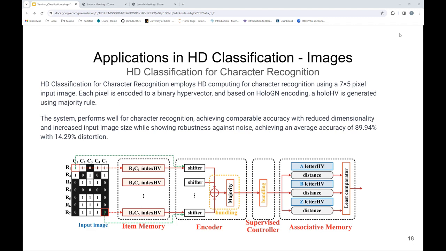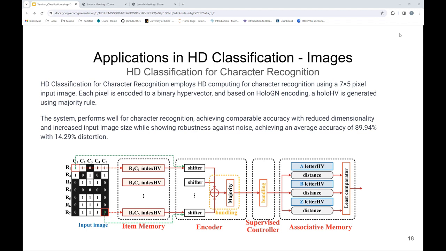Also, as we have seen, HD classification can be used for character recognition. In this approach, HD computing is used for characters that are represented in a 7 by 5 pixel input image, where each pixel is encoded to a binary hypervector, and based on a hologram encoding, a hyperdimensional vector is generated using a majority rule.